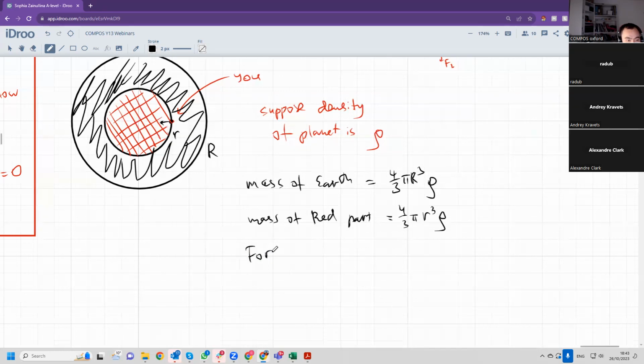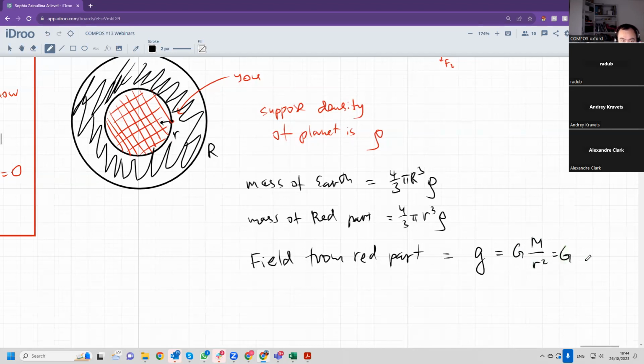The field from the red part is equal to G, gravity, times mass m over r squared, which is G times 4/3 pi r cubed rho divided by r squared.